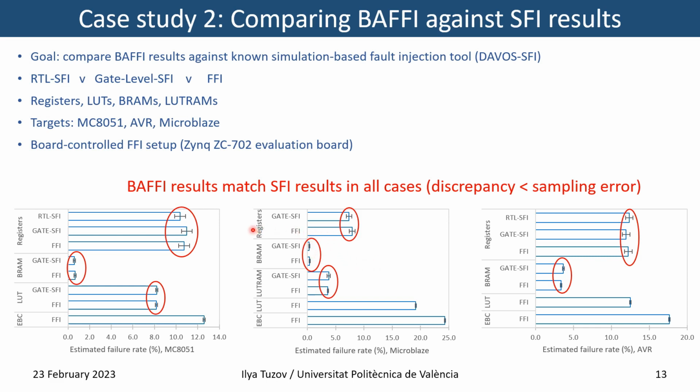As we can see on these bar charts, in all cases, BAFFI results match the simulation results. At least the discrepancy never exceeds the sampling error. So, up to this point, we can see that BAFFI provides accurate and very fine-grained injection analysis. So it can almost replace the simulation-based injection in this sense.